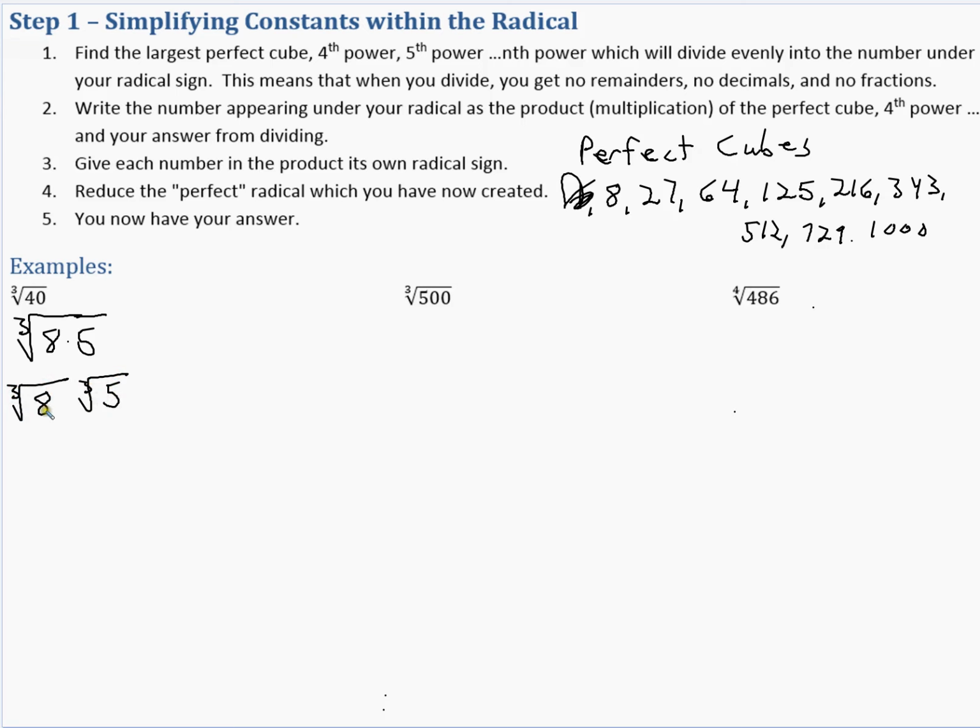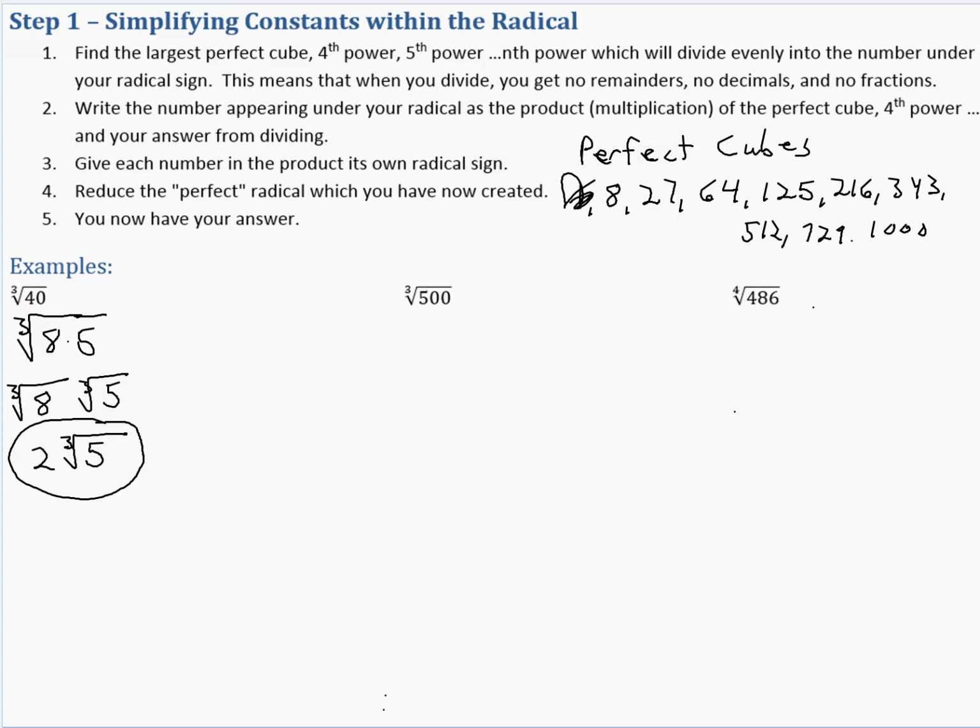Well, cubed root of 8, what times itself 3 times gives me 8, and that's 2. And so we have 2 times the cubed root of 5. Please don't forget to put our index of 3 up here. I've seen that before. We get used to doing square roots where we don't have to put anything, but there is our simplified version of the cubed root of 40.